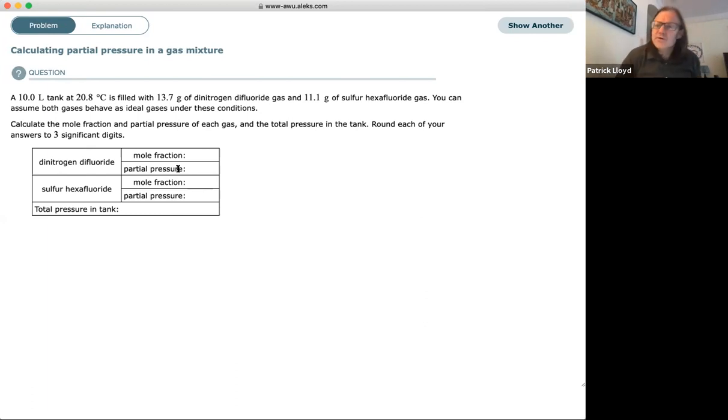We're going to do the first part pretty quickly because we just did a mole fraction problem. So we can do those really quickly, but then I just want to show you how to get the partial pressure and the total pressure out of this. Okay, so I'm going to write all these numbers down and let's take a look.